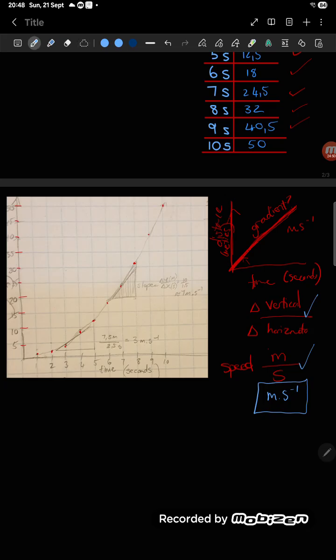Let's join these points. Now, this is not a straight line in my distance-time graph. It's a curve. And what do we call this curve? Well, certain curves we can call hyperbolic.